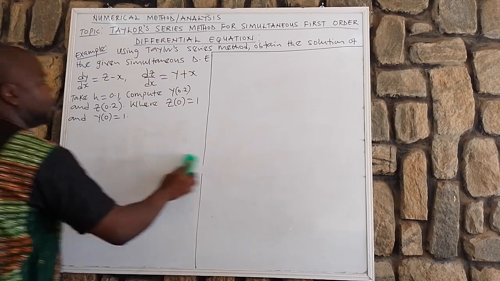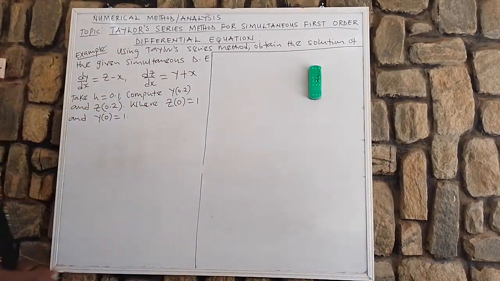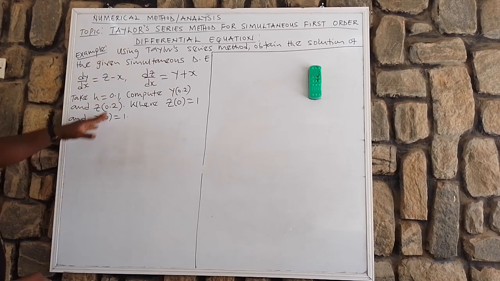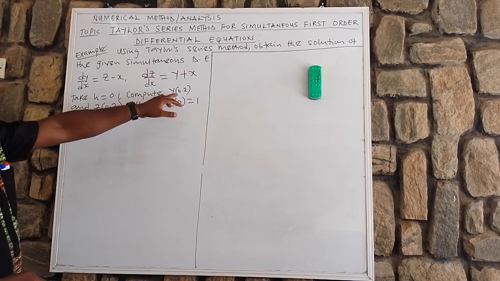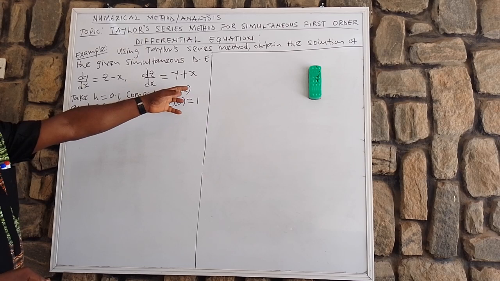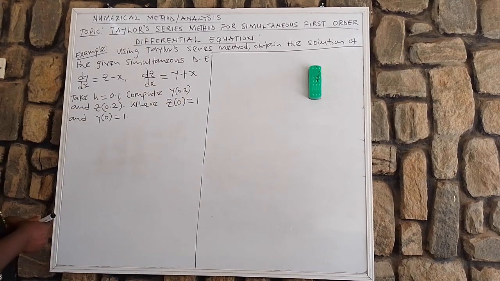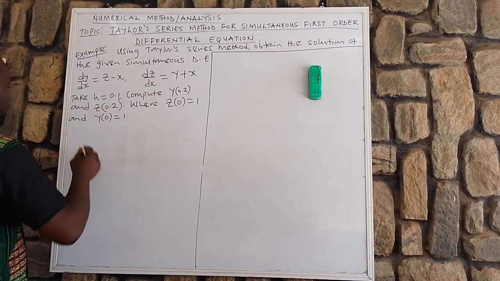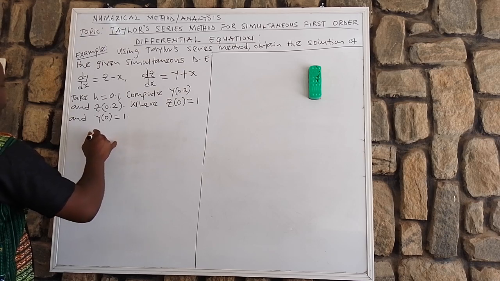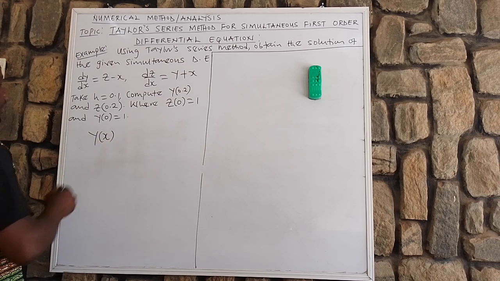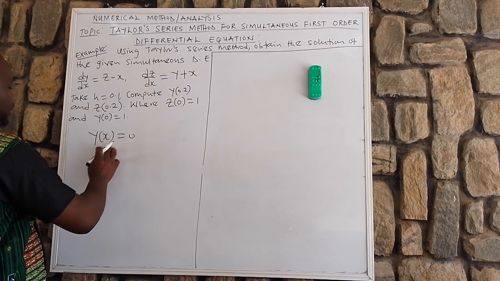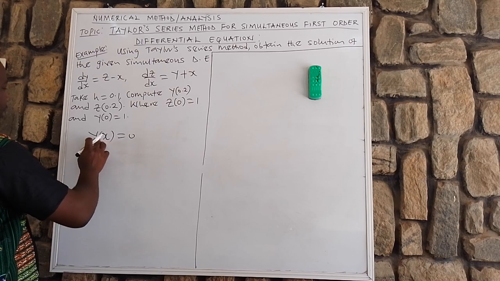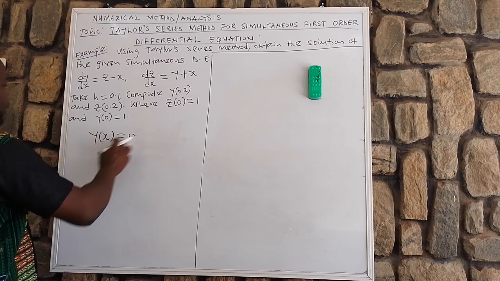Okay. So now we want to solve this problem. Before we solve this problem, I'm going to explain a lot of things here. Take h equals to 0.1, compute y of 0.2. In differential equation, sometimes they present f of x, y equals to 0.